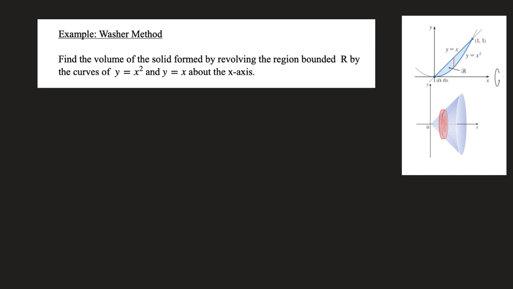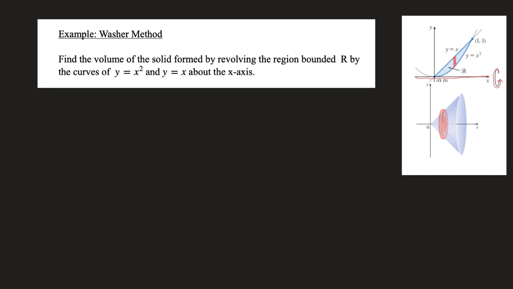Let's start with the first question. Look at this one. We're going to find the volume generated by this region. I'm going to erase this part. Then you make a rectangle right here, perpendicular to the axis of revolution.